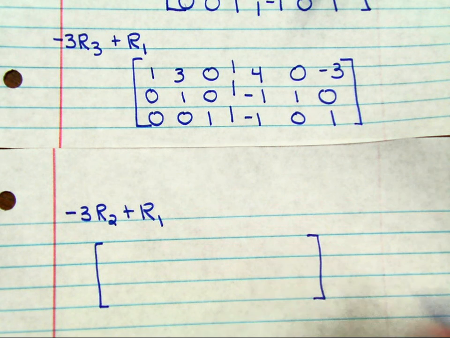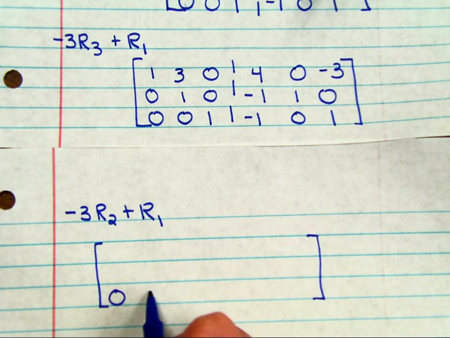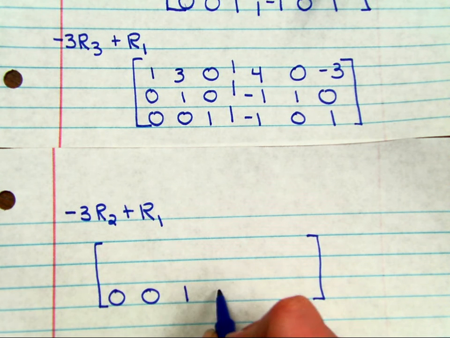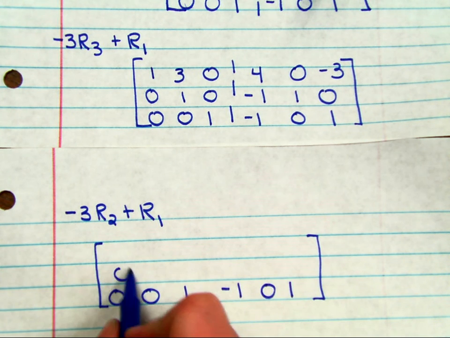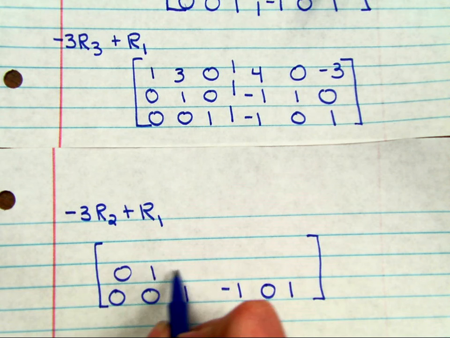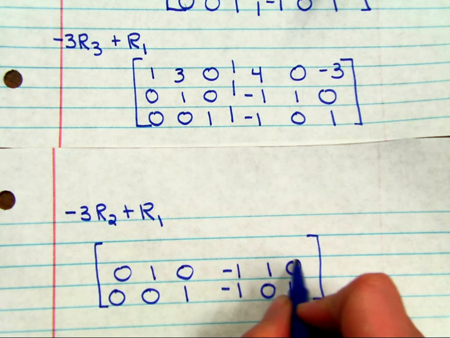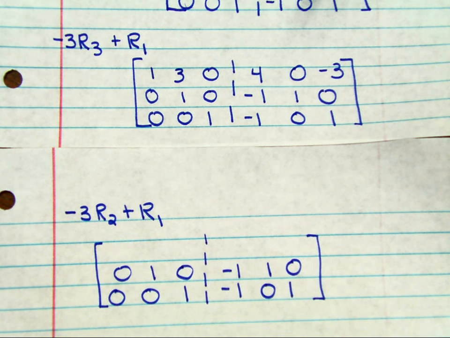Okay, this will again give me a new row 1. So I'm going to go ahead and copy down row 3 and row 2 exactly as they are in the upper matrix.